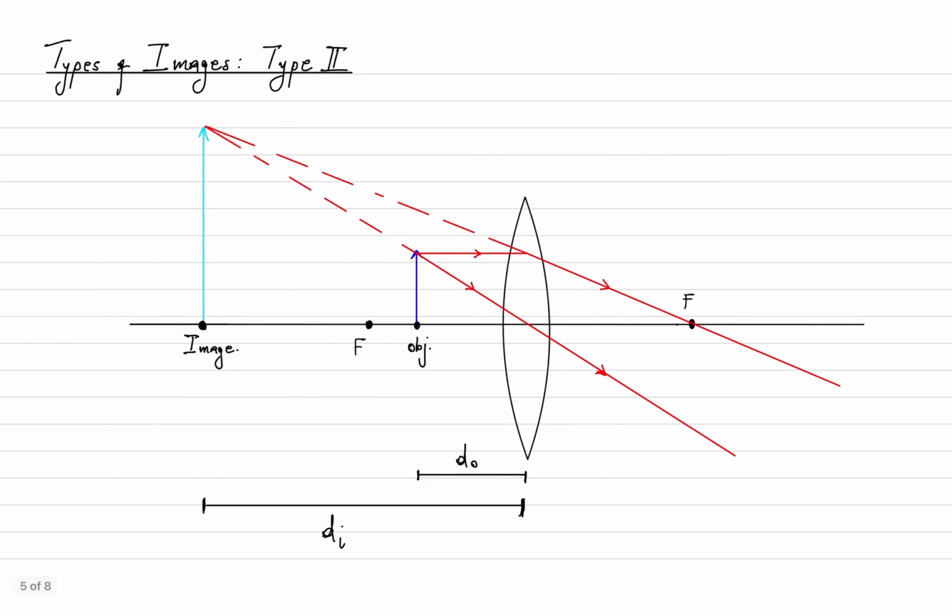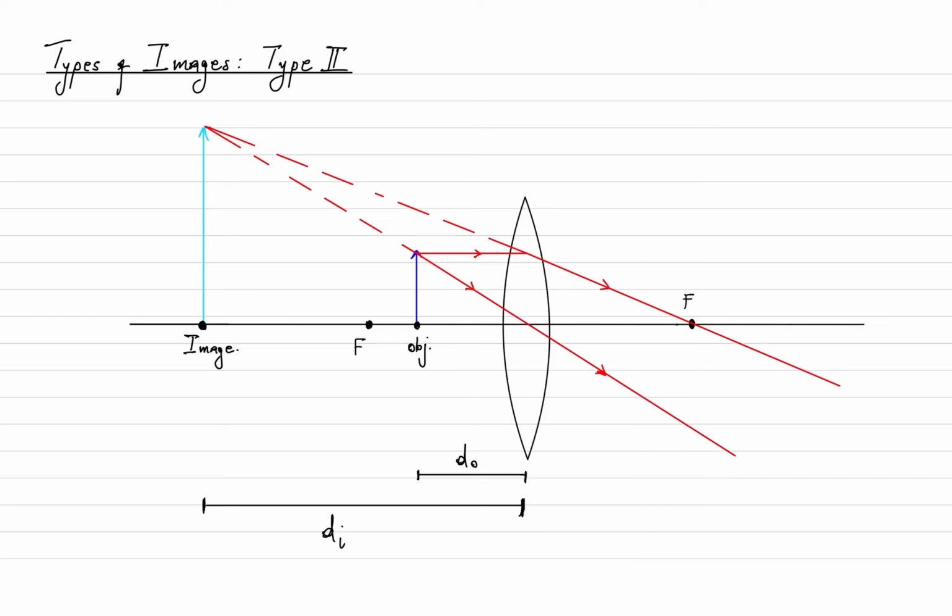The other situation is where our object is no longer further than the focal point from the lens, but now it's closer than the focal length to the lens. The focal point of the lens is here, and our object is located closer than the focal point.